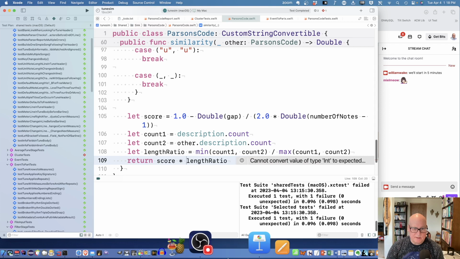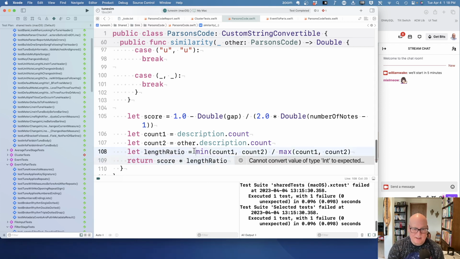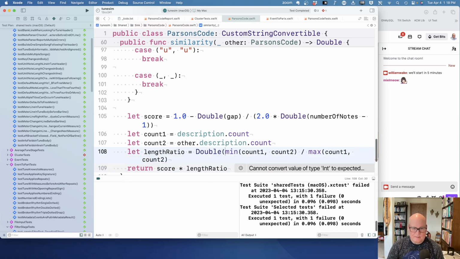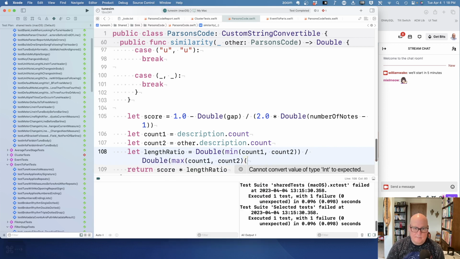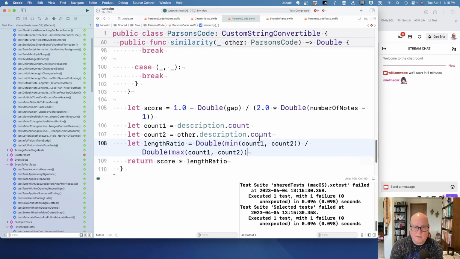Oops, I better make these doubles before I divide them. Okay. All right. So I think that is good.